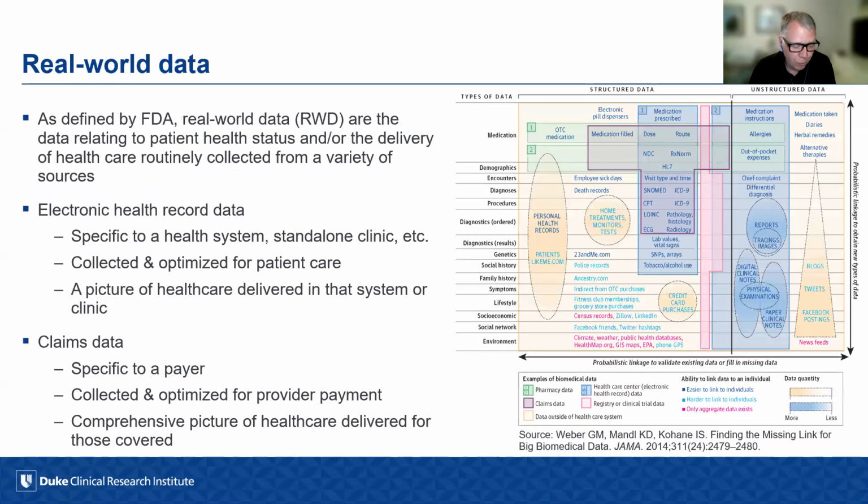So what kind of real world data are we talking about? They specifically call out electronic health record data and claims data. This probably shows my age, because this was a 2014 graphic from a manuscript that I consider a classic in the real world data space.